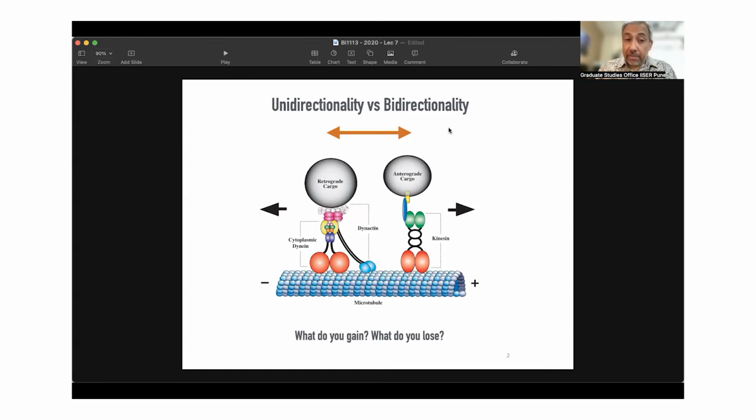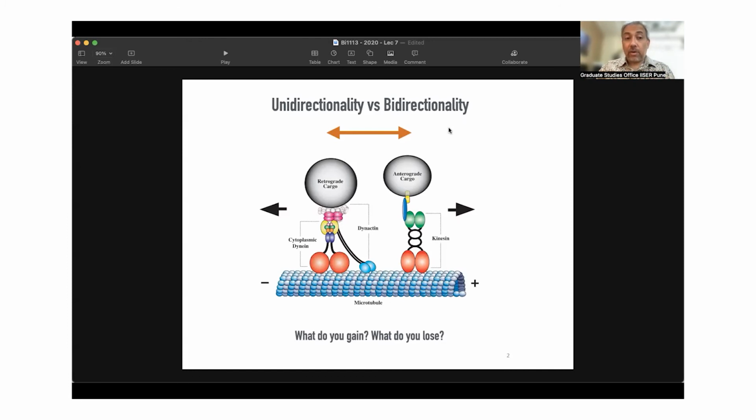But the point I'm trying to make here is that unidirectionality seems to have been chosen because of this major factor: the regulatory system that bidirectionality would have required may or may not have the error correctness that a unidirectional system may have. So a unidirectional system may actually be less error prone as compared to bidirectional systems.